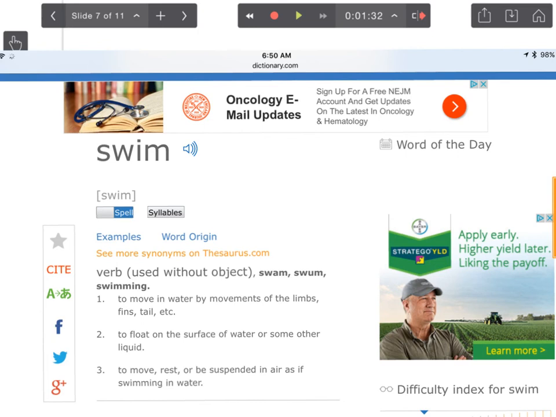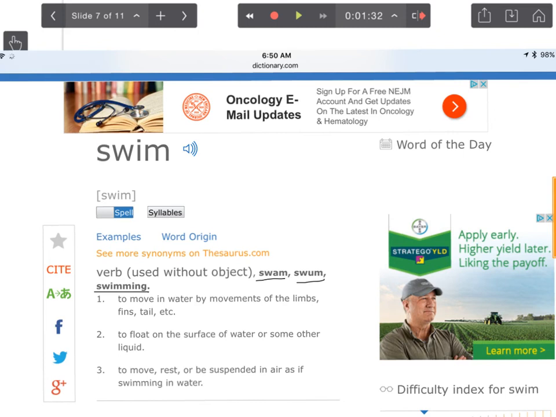So the forms are past, past participle, and then present participle. So he swam to the raft, he has swum to the raft, he is swimming to the raft.